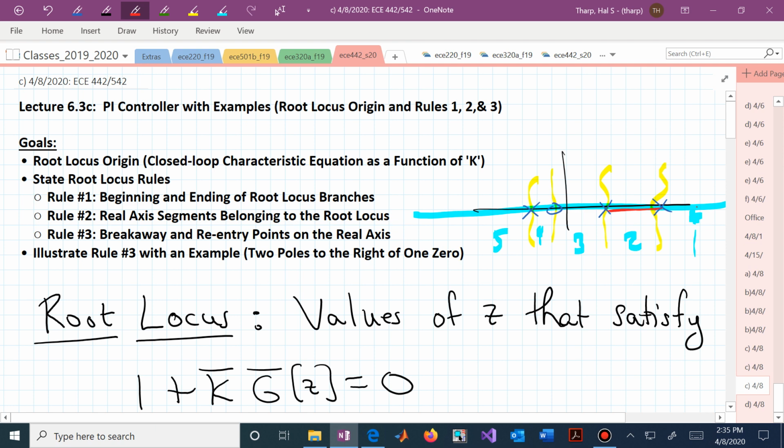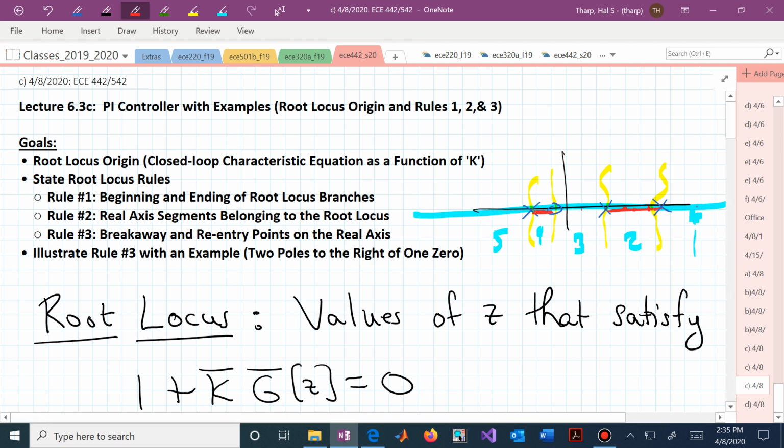This segment does, because every point here has 1 pole to its right. How about there? Well, now we have an even number of poles to our right, so that segment of the real line doesn't belong on the root locus.